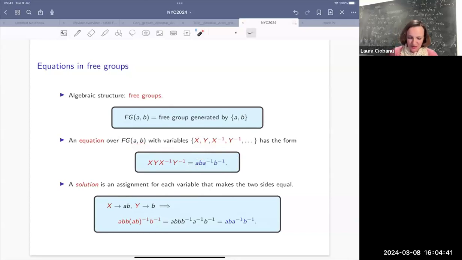This was just to say that's an equation, and a solution is a substitution. If I make x equal to AB and y equal to B, you plug them back into your equation and expand, and after some cancellations you get the commutator on the other side. So this is indeed a solution.